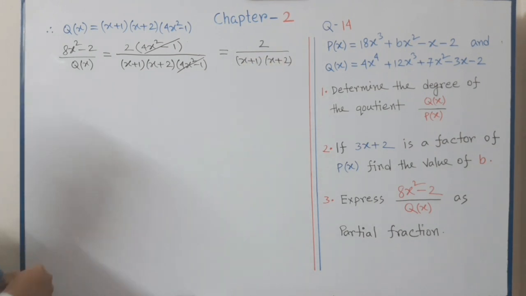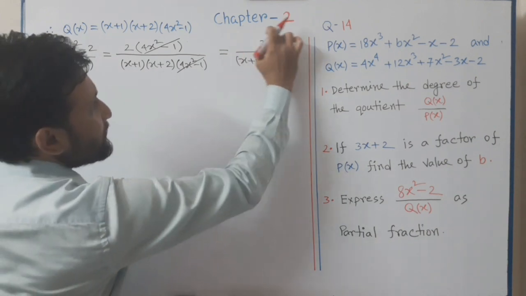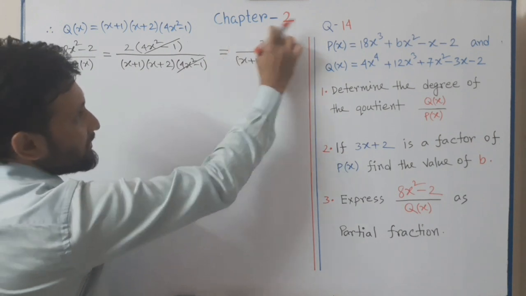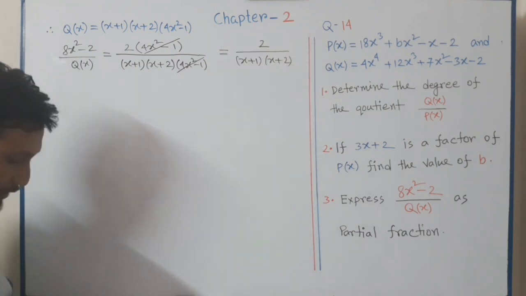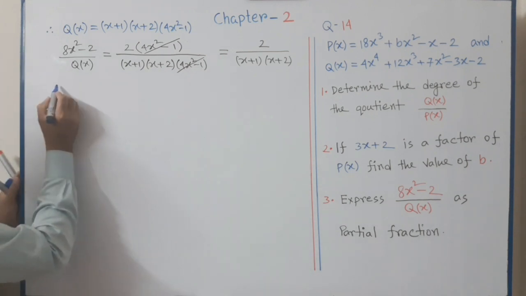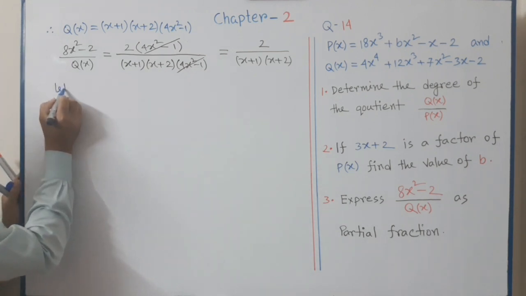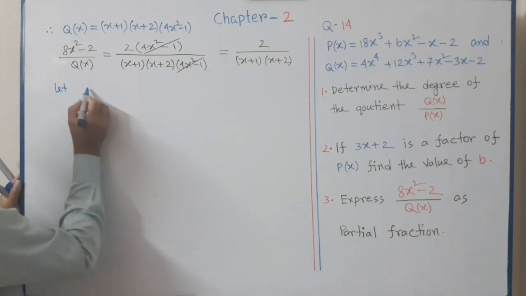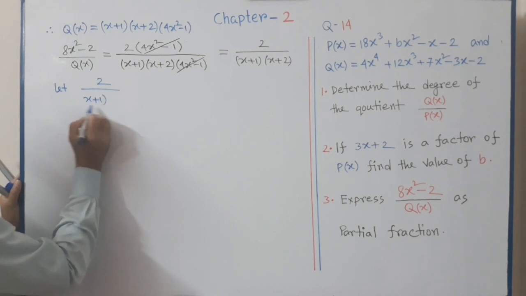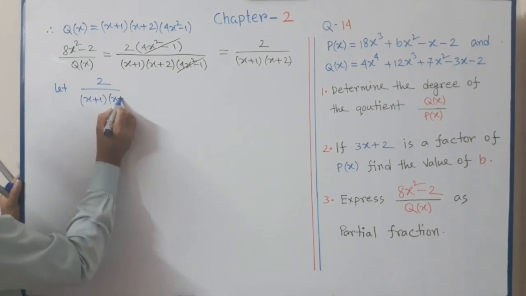So now we have to express this fraction as a partial fraction. So now follow the technique. The technique is, at first let this fraction 2 divided by, here see that 2 factors x plus 1 and x plus 2.